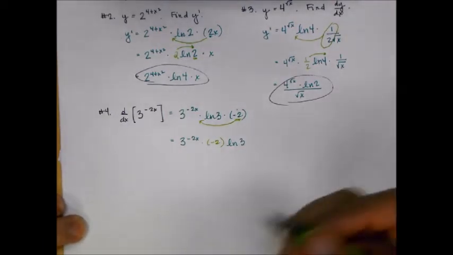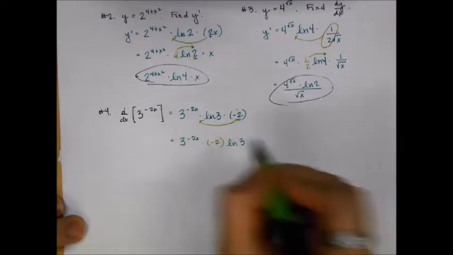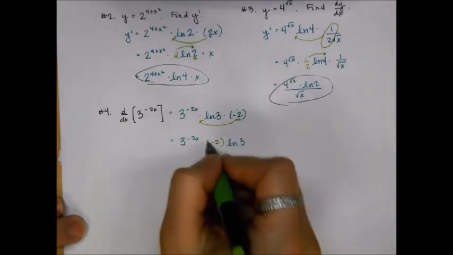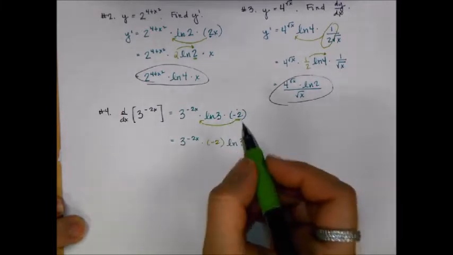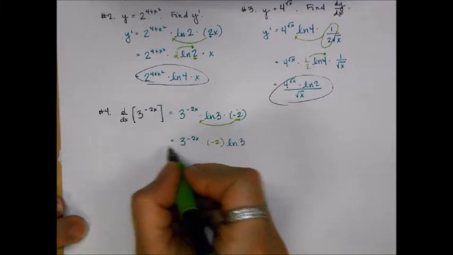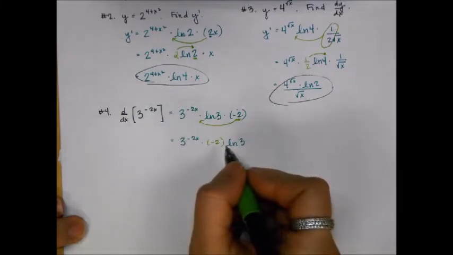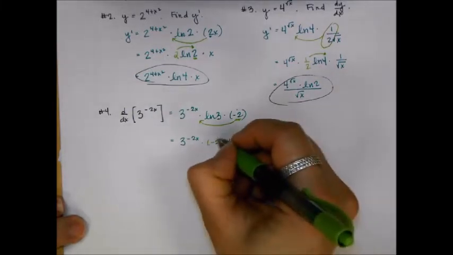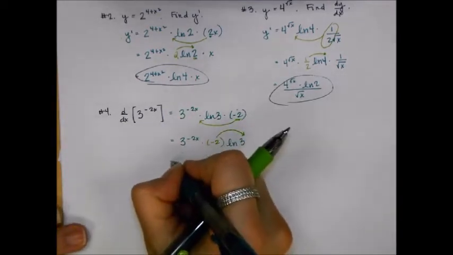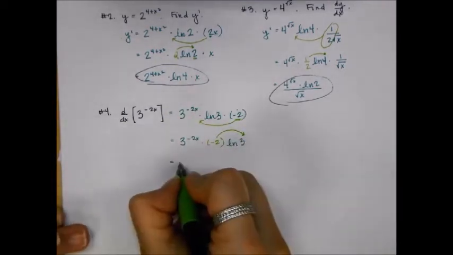So I think what I'll do is I'll separate the negative and the 2. This will just make my work a little bit faster in the long run. I'm going to leave the negative out front, and then just move the 2 back as my exponent.